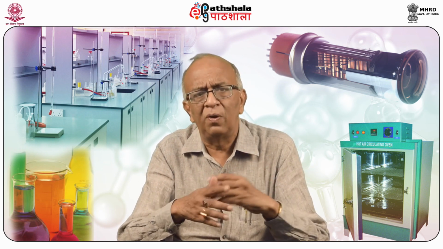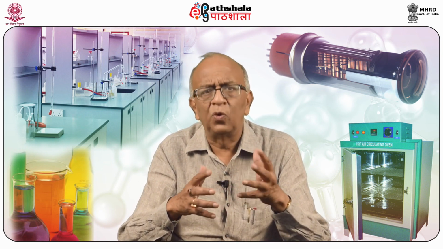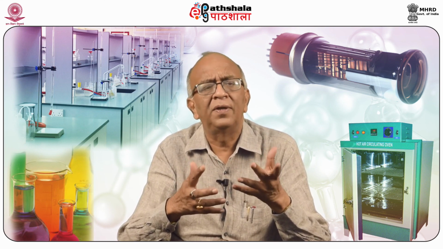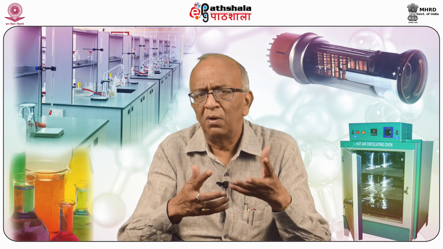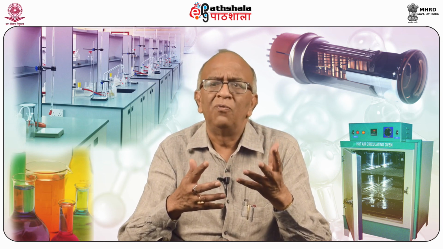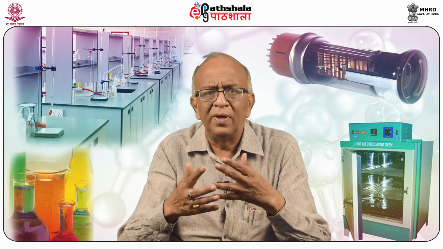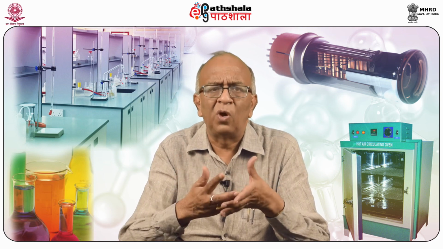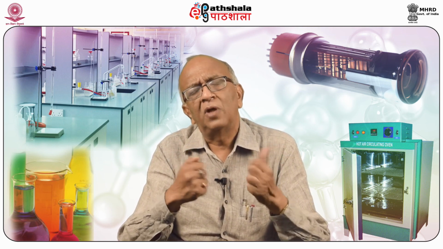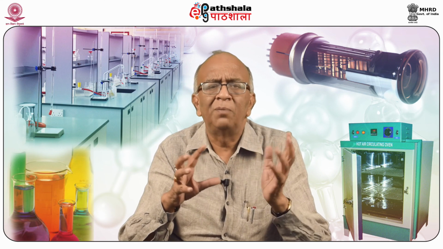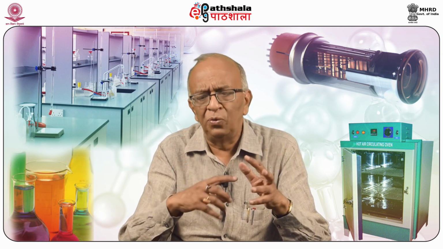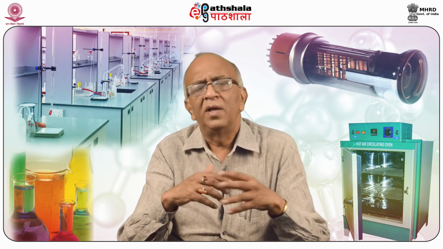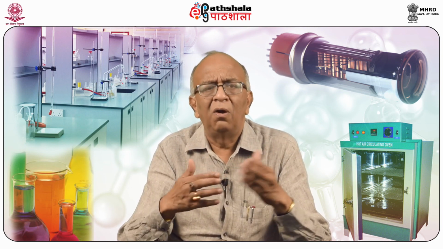Another important feature of UV visible spectroscopy based upon the Beer-Lambert law is the extinction coefficient or molar absorptivity, which is different for each compound. It tells us how intense the absorption is. If we form a complex of a transition metal with some ligand, then we use that complex for the analysis of a particular metal ion. From the molar extinction coefficient we get an idea whether the color is very dark or light.